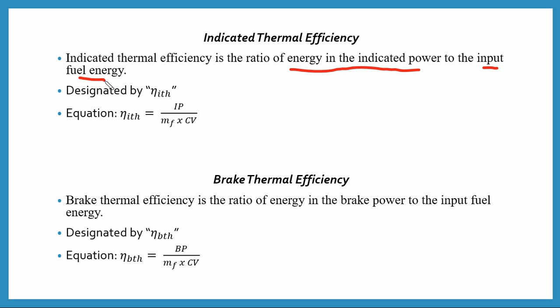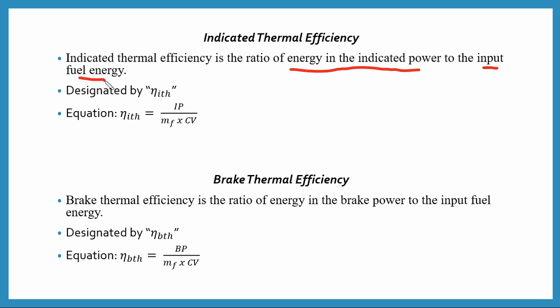Here the indicated power is the output, and to produce the indicated power we need some fuel energy, which is the input. That's why this equation looks like the ratio of the energy in the indicated power to the input of the fuel energy.